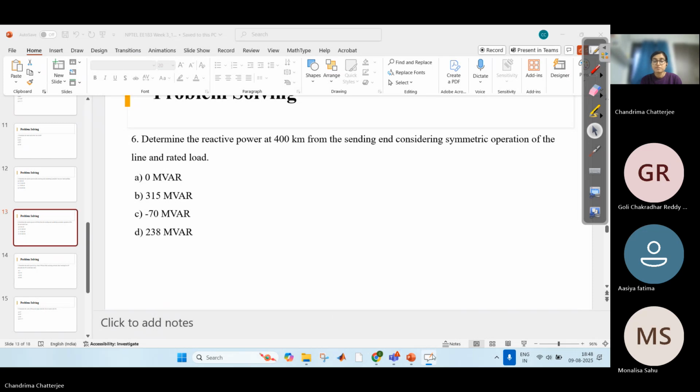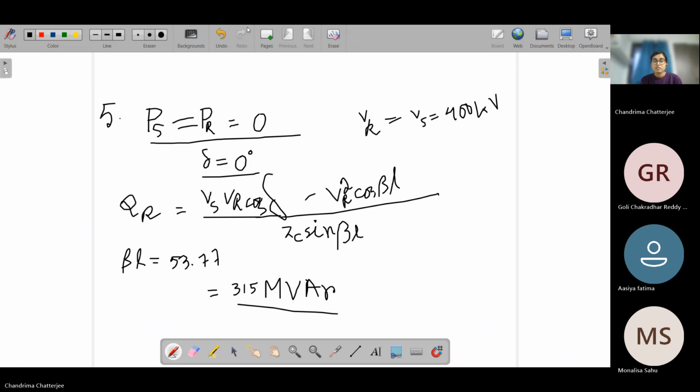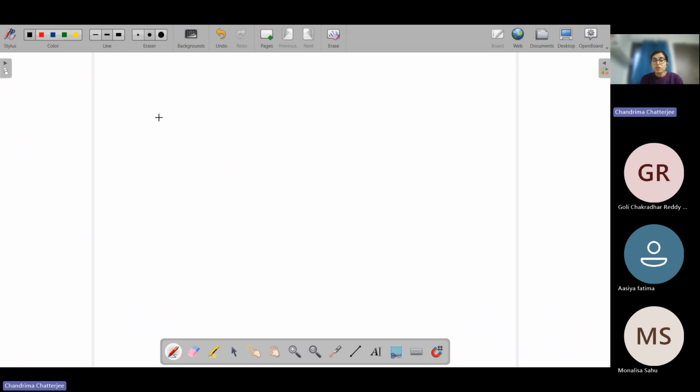Okay, so I will tell you. Whenever we talk about a symmetric line, when we were discussing the expressions, if you remember, we saw the PS and PR active power expressions: PS equals PR equals V square by ZC sin beta L times sin delta.